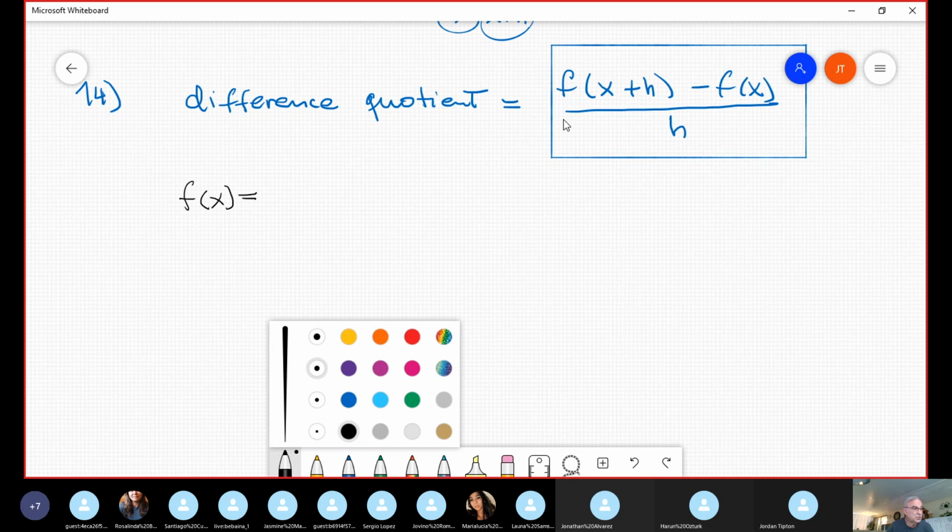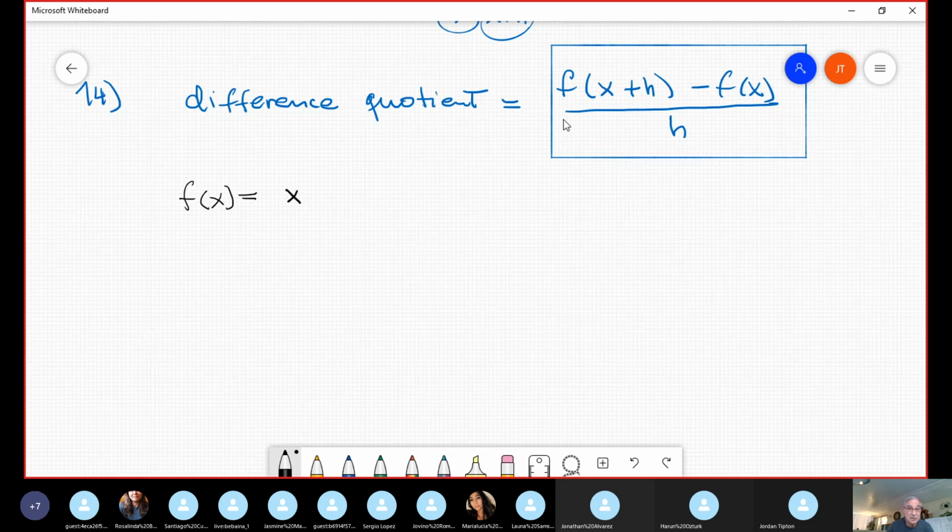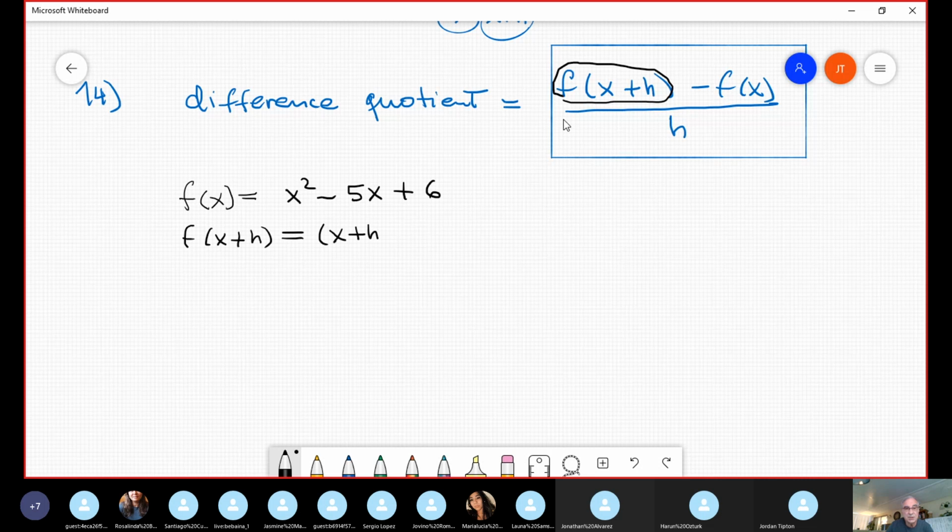The function given is x squared minus 5x plus 6. And we compute step by step. We compute that part first. And that part is easy because you replace x with x plus h. It is x plus h squared minus 5 times parentheses x plus h, plus 6. Anyone follow me so far?